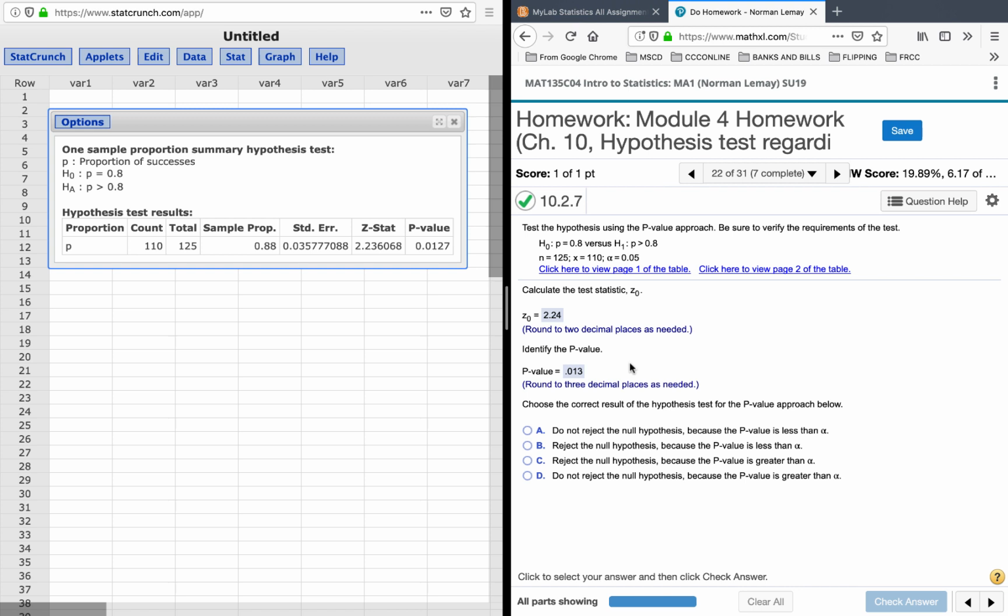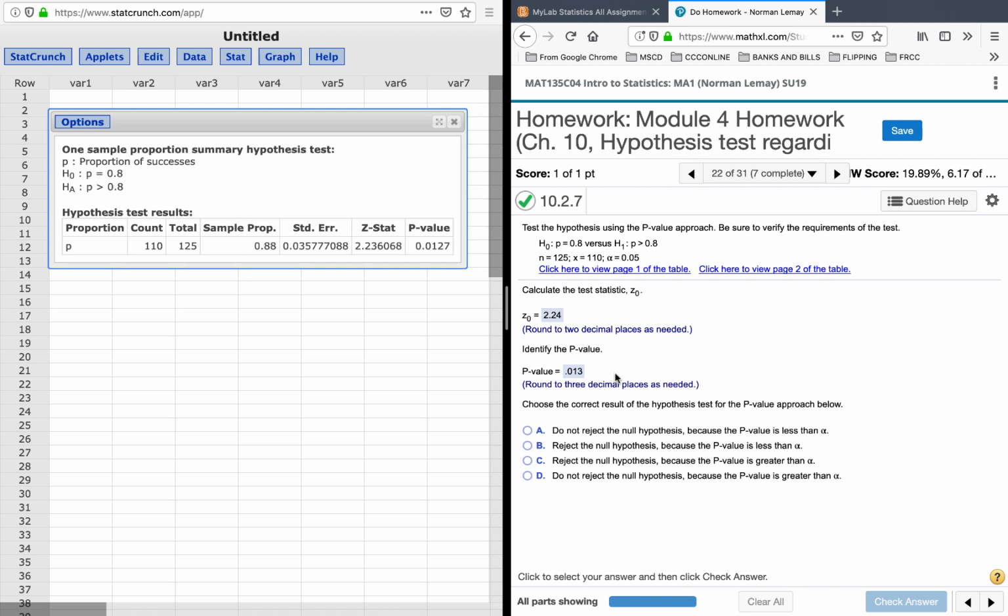An easy way to remember this is: reject for small, fail to reject for large. So now we have to compare 0.013 to 0.05, and notice that the p-value is smaller than the alpha level.